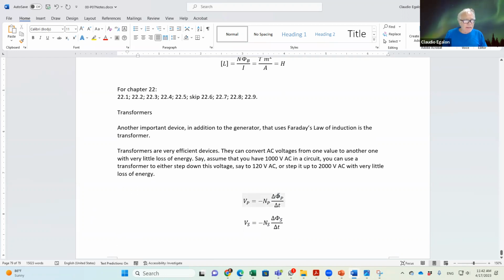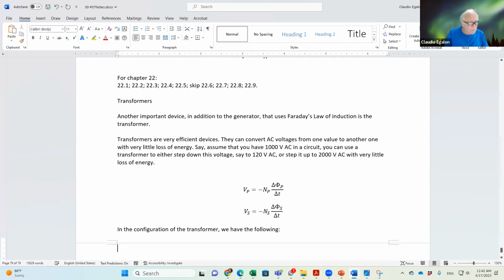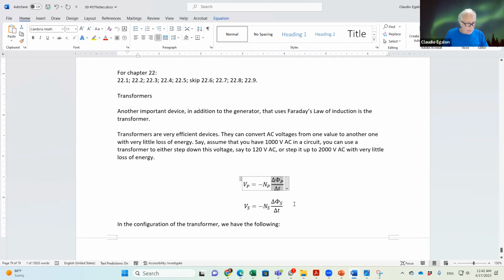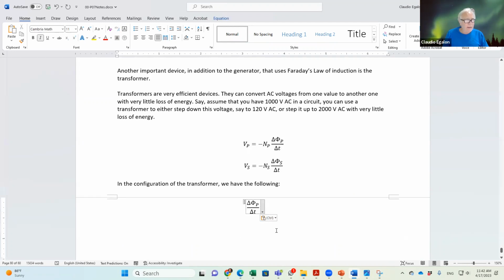It happens that the magnetic flux in the primary is going to be equal to the magnetic flux in the secondary, no matter what. No matter what's the diameter of the secondary, okay? It's not going to change in that configuration that you saw, in the configuration of a transformer. The magnetic flux through the primary is equal to the magnetic flux through the secondary.